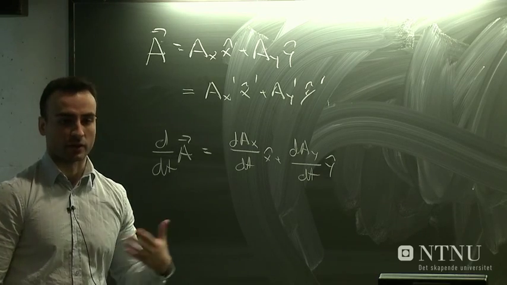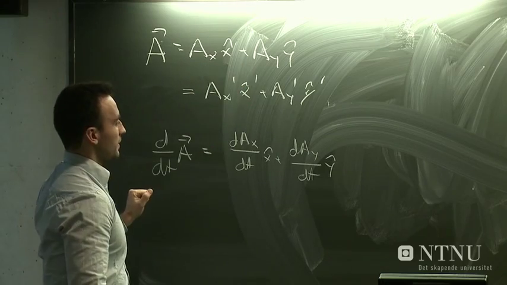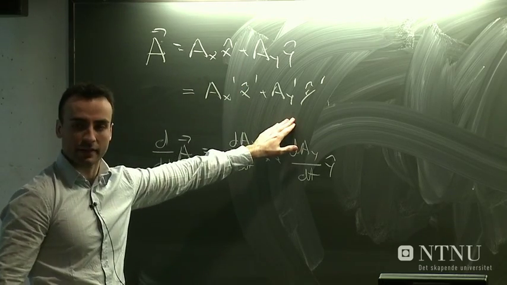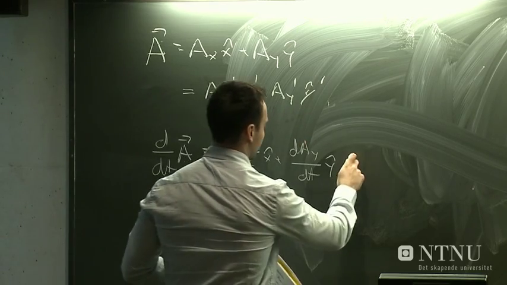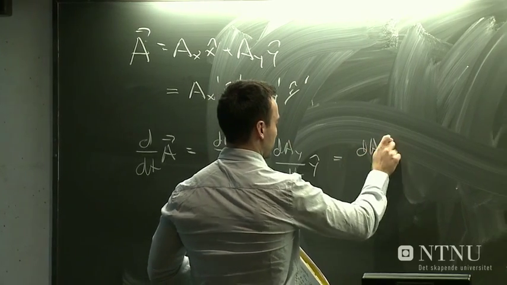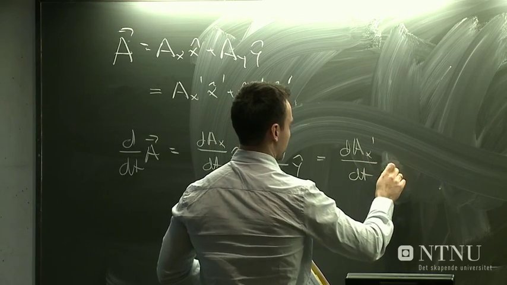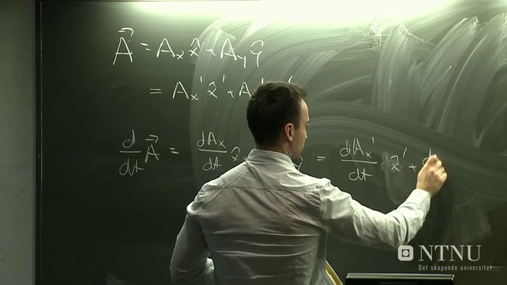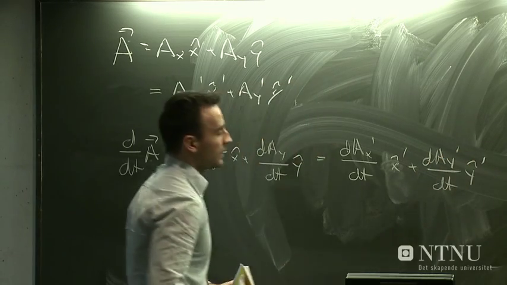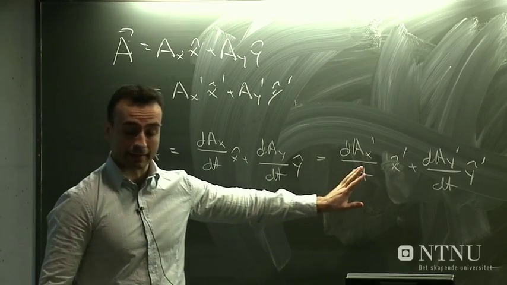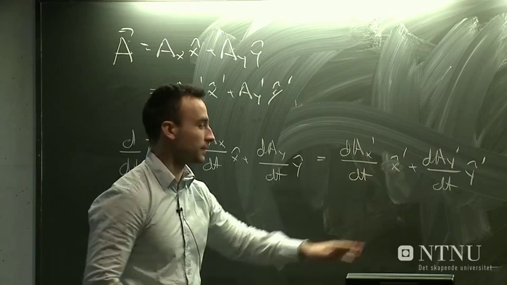You can extend this argument to three dimensions. So that's this part, but let's now consider the representation of this vector in the rotating coordinate system, which will give us this, but not only this, there's an extra term.